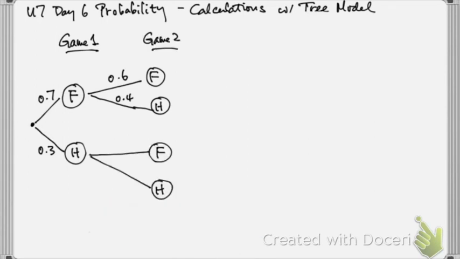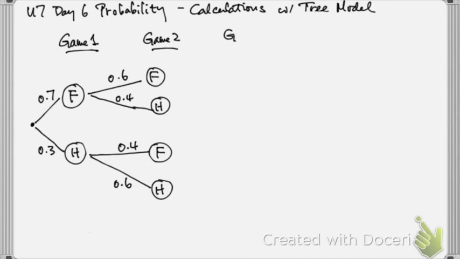Conversely, if Homestead won the first game, then Fremont's going to have a tougher time winning the second game, so it's got a 0.4 chance, and Homestead is going to have a 0.6 chance, or 60% chance, of winning the second game.